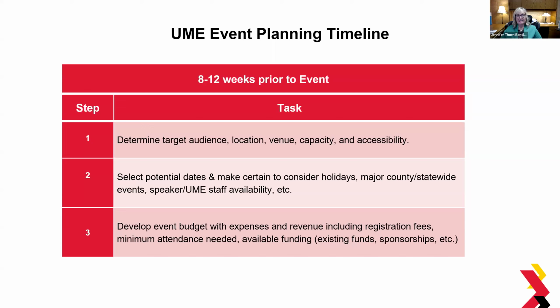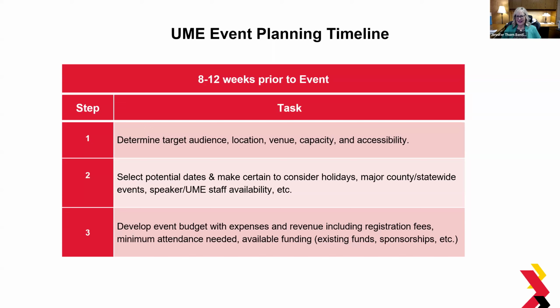And I think that, again, this isn't just for a new faculty member or a seasoned faculty member to sit down and say, okay, 8 to 12 weeks prior to the event, I've got to do all of these things, because we know that in our offices, it's a team. It's the faculty and staff working together to implement and execute these successful extension programs. So that's why I'm so happy that we have a great audience today of faculty and staff, because we all play a part in many of the steps that are involved here.